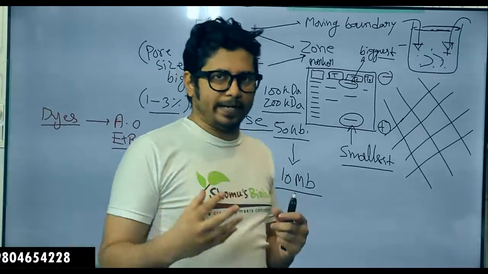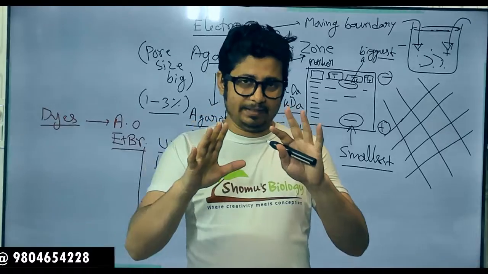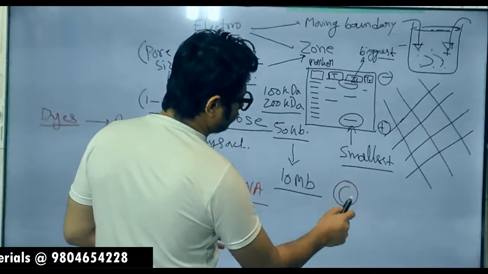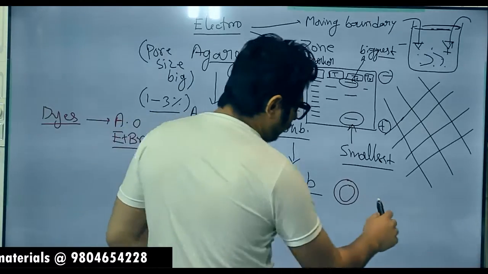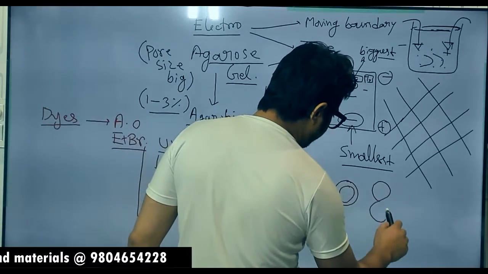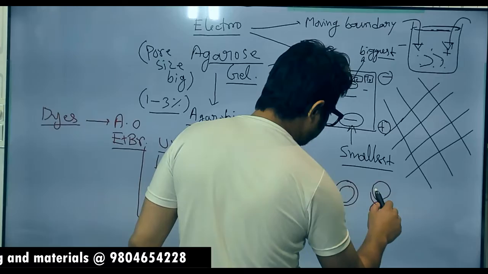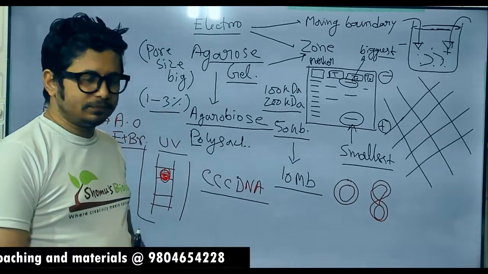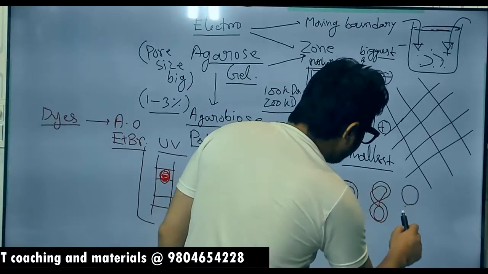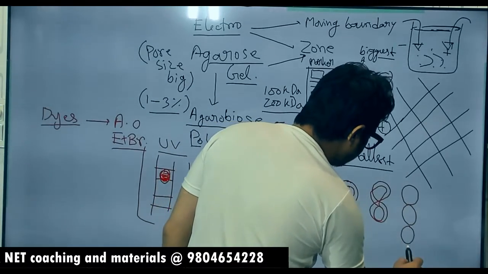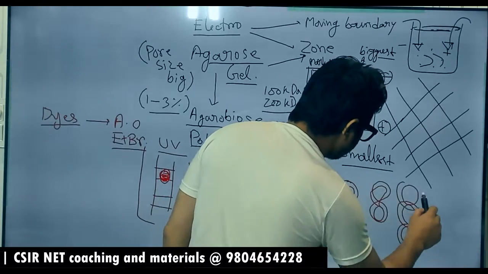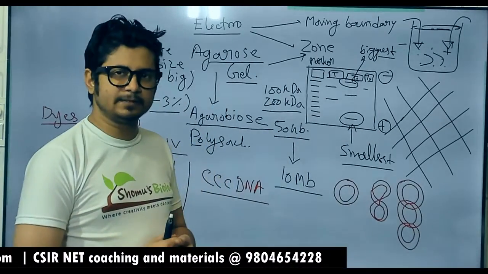Now this is a very compact form of the DNA, just like a plasmid-like structure, covalently closed circular DNA like this. Now this DNA may have a supercoiling like this, or it may have a supercoiling like this, multiple supercoiling like this.